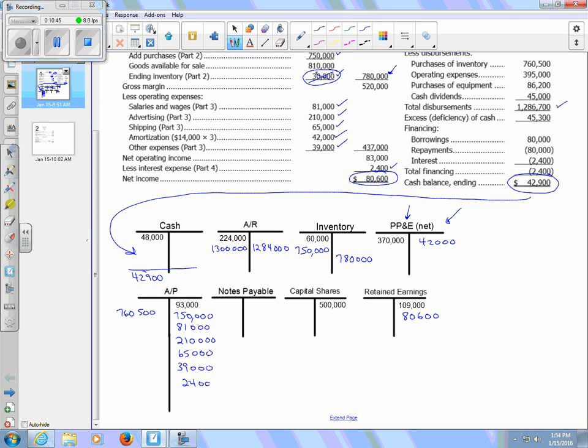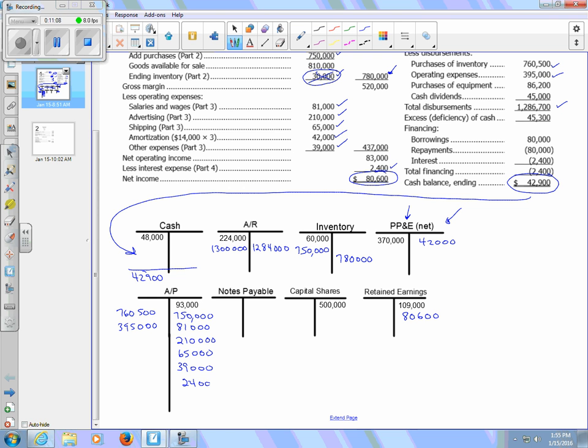The operating expenses, remember those are the payment of the expenses. So we're going to take the $395,000 out of accounts payable as well. Purchases of equipment, that affects property, plant, and equipment.